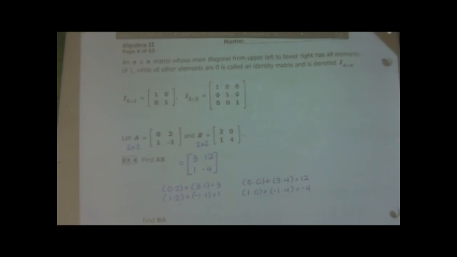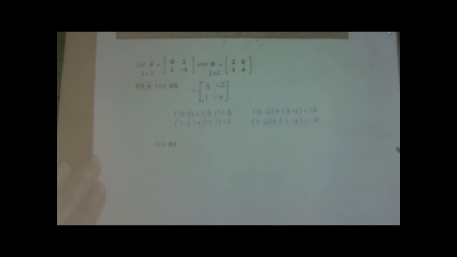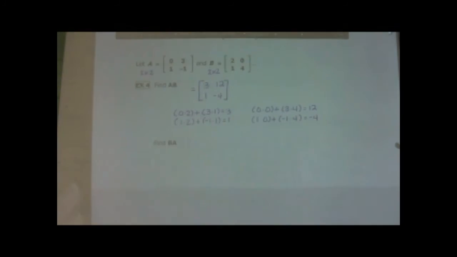Now, because these are both 2 by 2 matrices, it's possible to multiply them in the reverse order. So I'm going to do B times A. And to be honest with you, it's confusing to do B times A, looking at them as A and B next to each other.